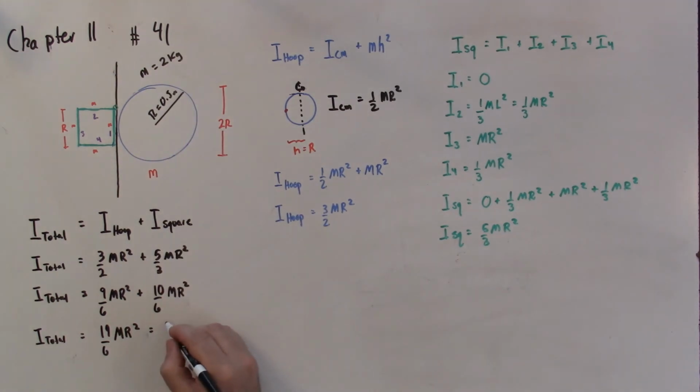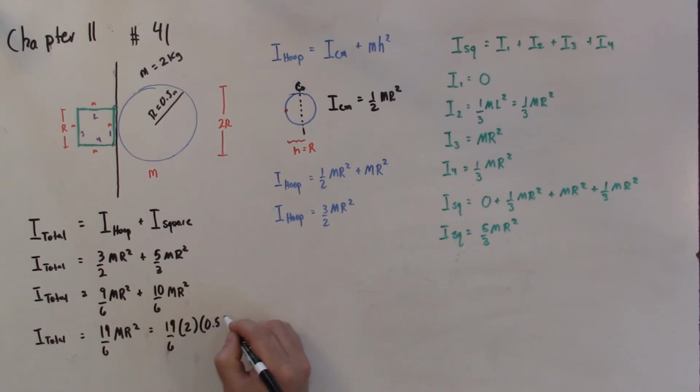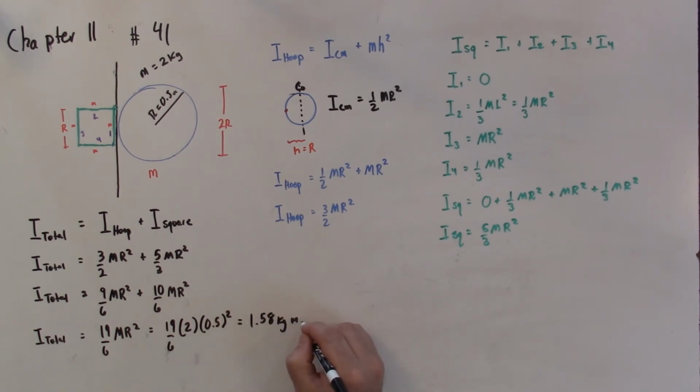So if I plug that in here, I have 19/6 times 2 times 0.5 squared. And that turns out to be, I got about 1.58, and that's kilograms times meters squared, because it's mr squared. So that's how to get the total moment of inertia.